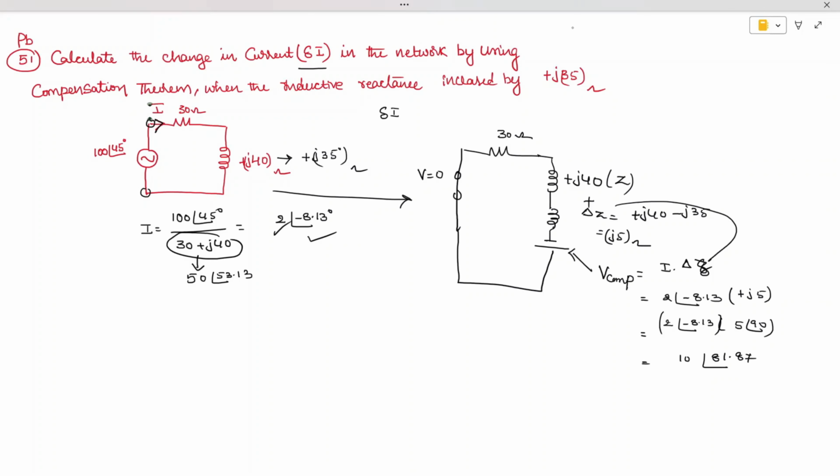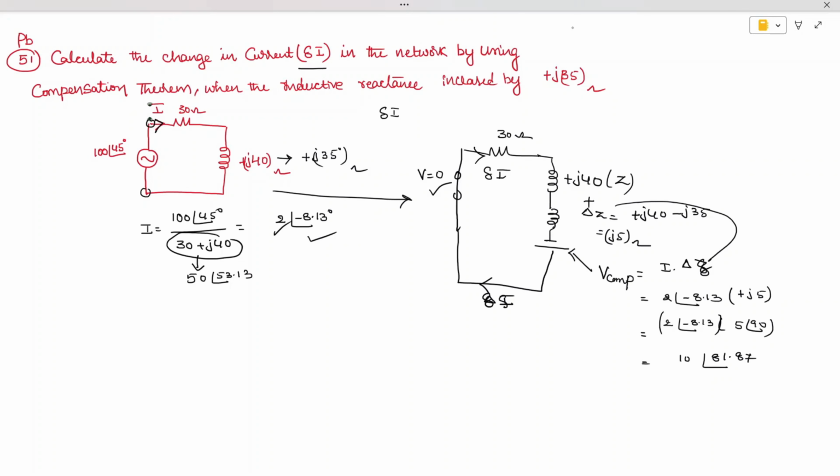Whenever the original source is deactivated and the compensating voltage is introduced, the change in current in the circuit is delta I. So we need to find this delta I, which is very simple.